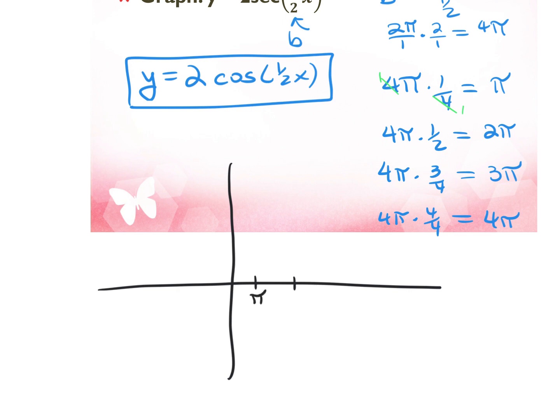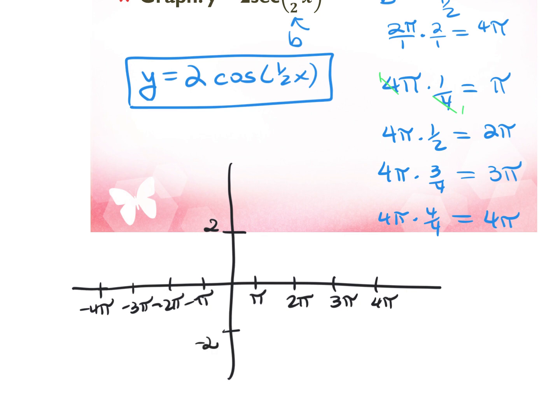So I have pi, 2 pi, 3 pi, 4 pi. And again, it's like a reflection when there's not a phase shift. So negative 2 pi, negative 3 pi, negative 4 pi. And then you're just going to add in the amplitude. So I could put a 2 here and a negative 2 here.